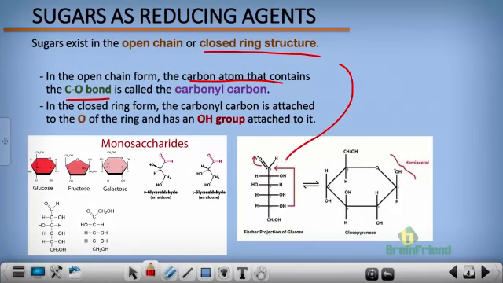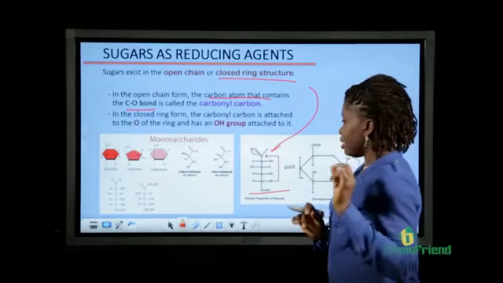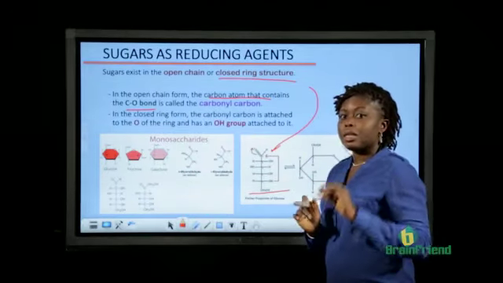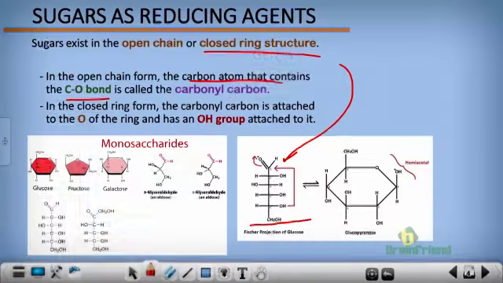So, here is an image of a sugar in an open chain form, and to identify the carbonyl carbon, it is that carbon that is attached to the oxygen of the unit. So, our carbonyl carbon will be this first carbon because it is attached to oxygen. All right? So this is how we identify carbonyl carbon in an open chain structure.